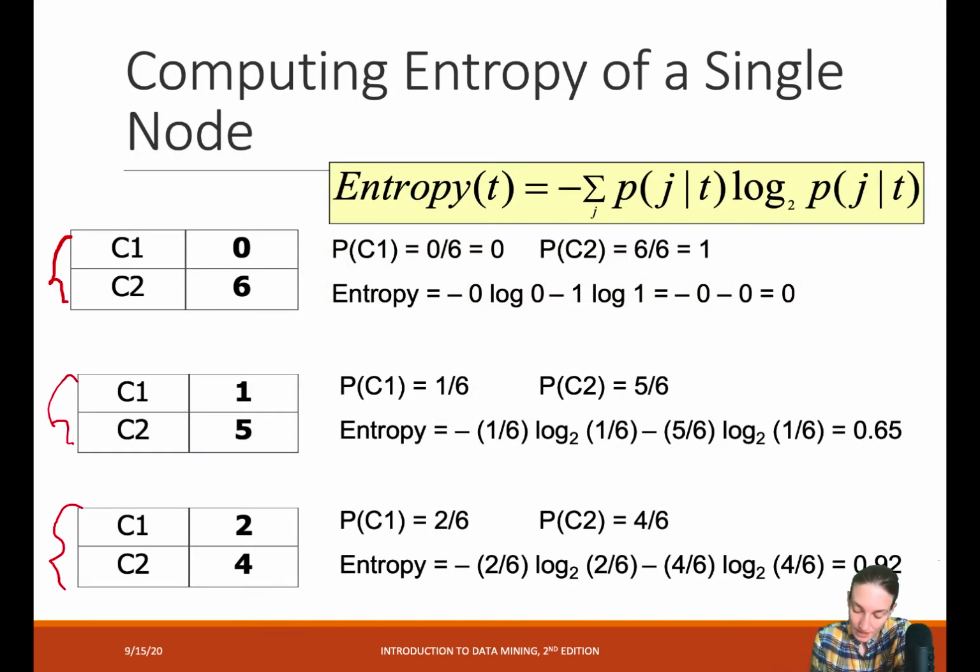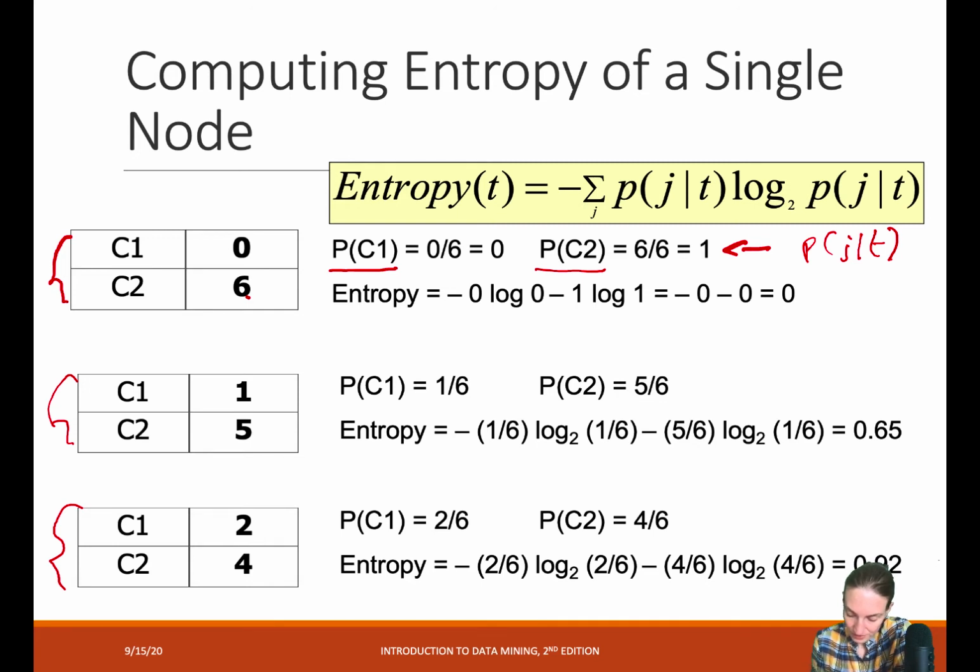Let's calculate the probability that we have class 1 and the probability that we have class 2. In this case, 0 out of 6 are class 1 and 6 out of 6 are class 2. These represent our P(j|t), because we know that we are at node t.